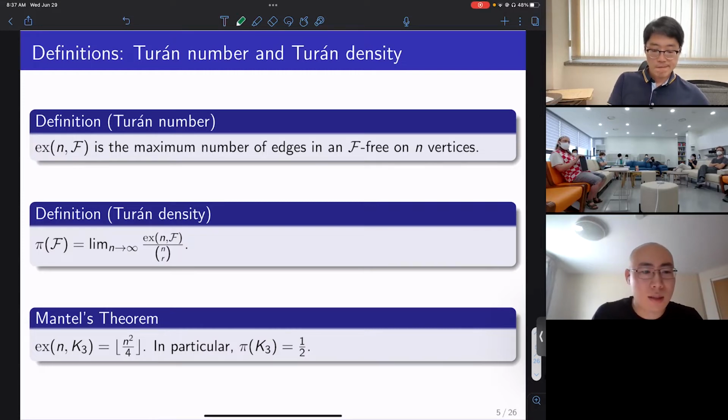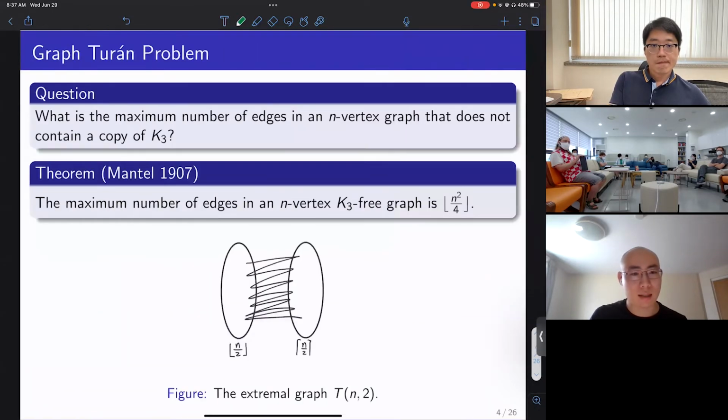So for example, the Mantel's theorem in the previous slide. For this particular graph, the triangle K3, ex(n, K3) is this number.